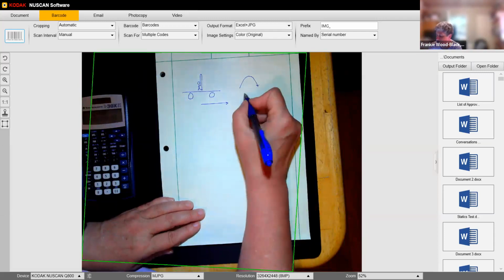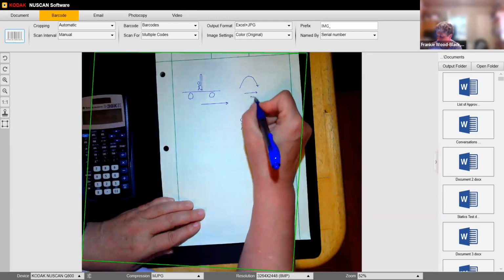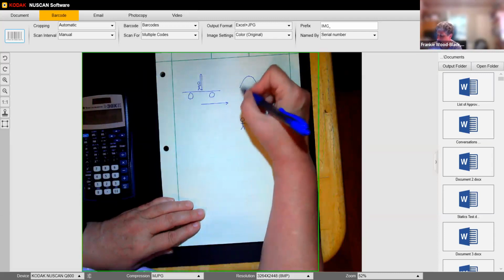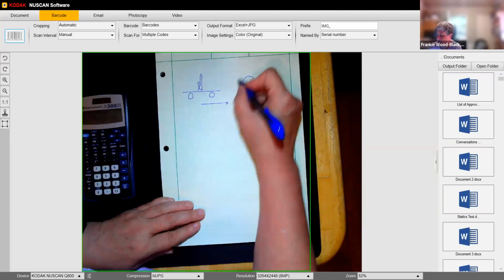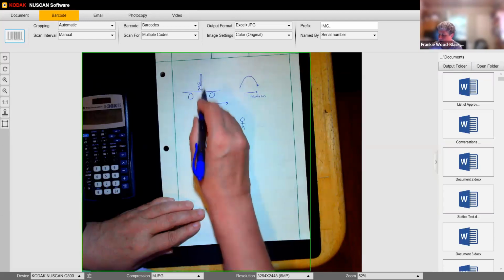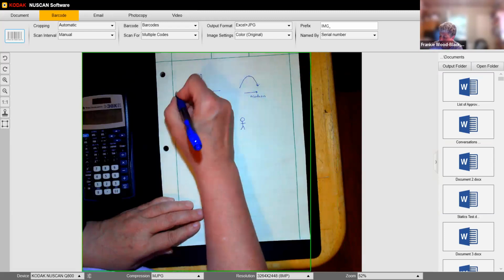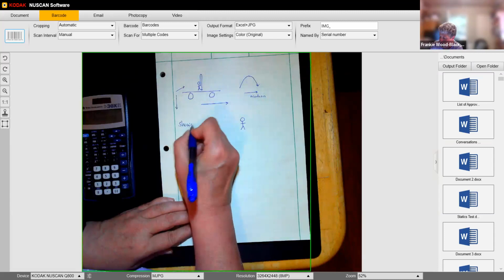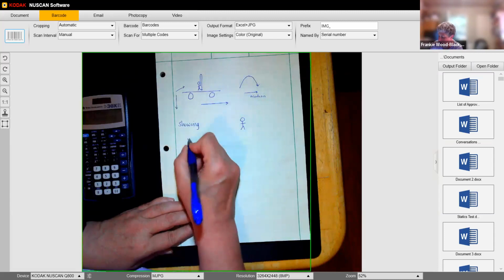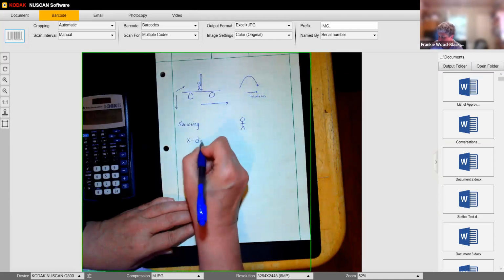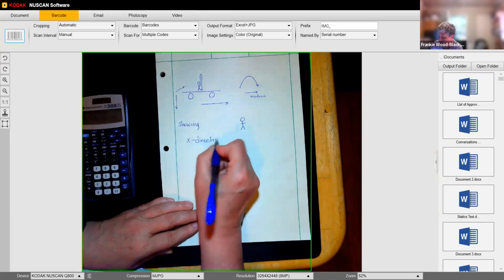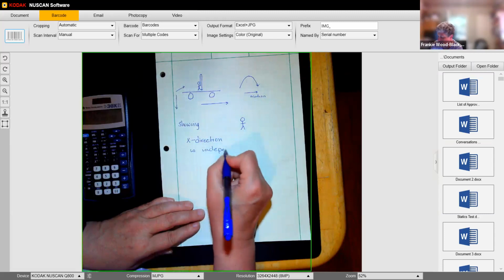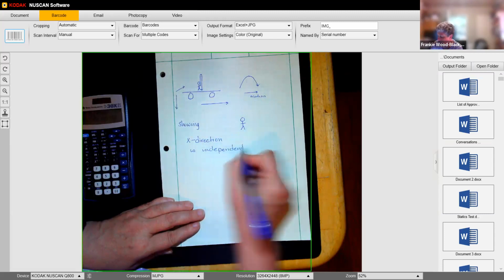But if I'm a person that's looking outside and the car is moving, the ball is going to look like it's traveling like this, because it's got the motion of the car, and it's got the fact that it's had an initial x velocity, but it's going to look to me like it's going like this. So this is showing that the x direction is independent of the y direction.